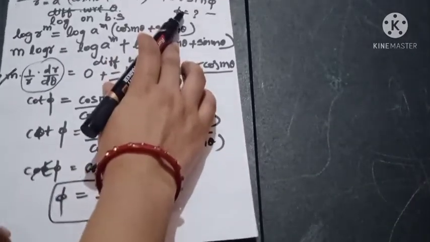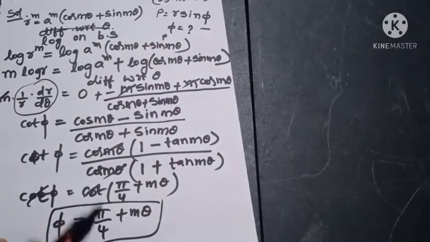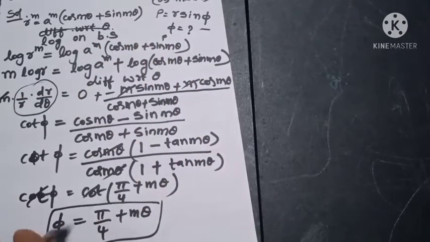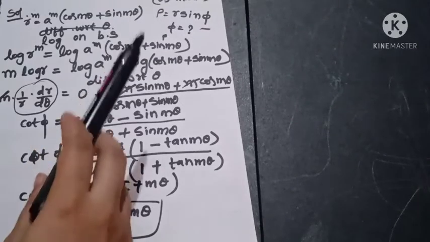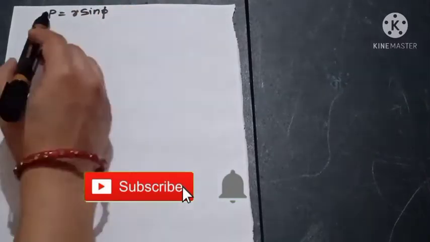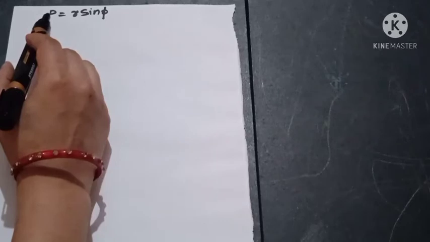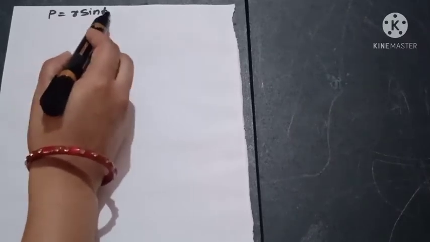So we have found the value of phi, and it is phi equal to pi by 4 plus m theta. What is phi? Phi is the angle between the radius vector and the tangent. What is the pedal equation? It is the expression for the perpendicular from the pole to the tangent, p is equal to r sin phi.